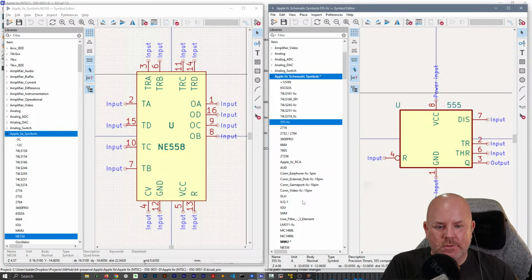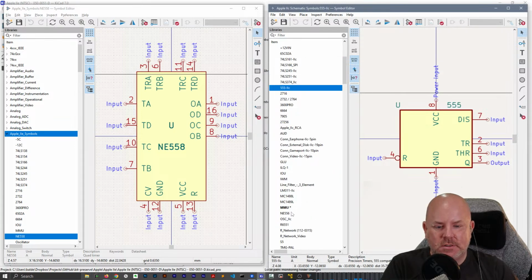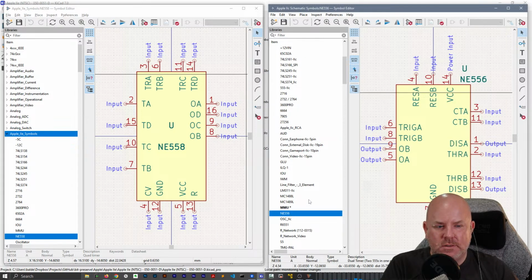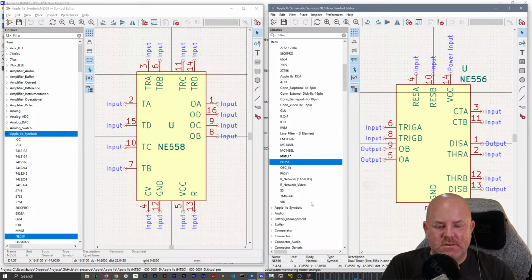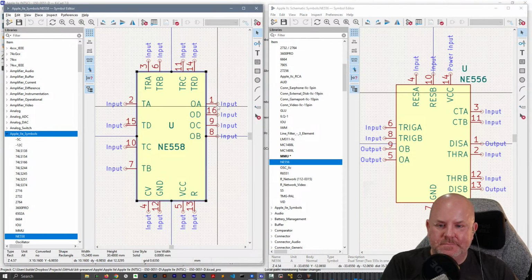Then how does it do its game port? That doesn't make sense. How does this not have a 558? Okay. That's a mystery for another time.